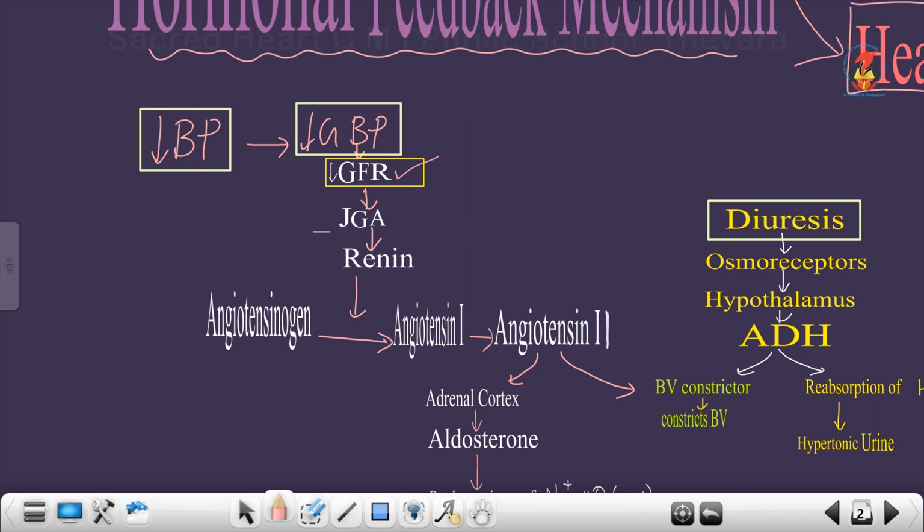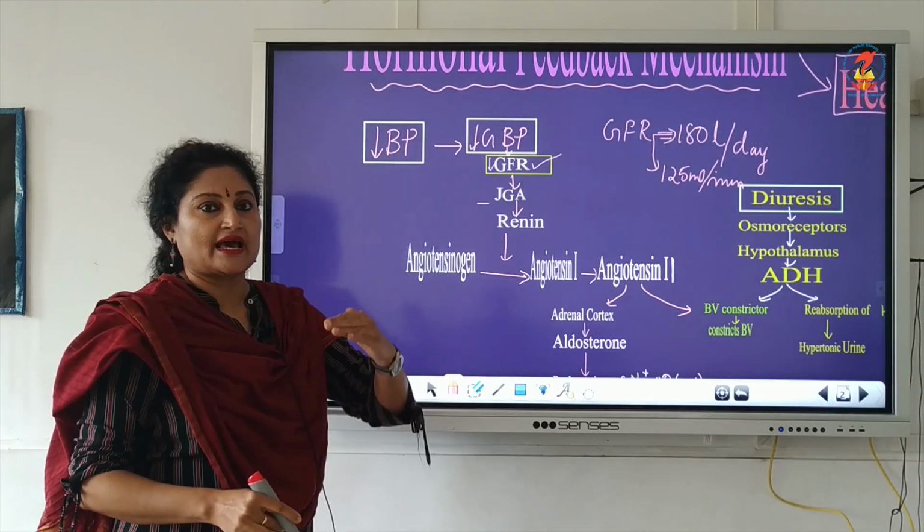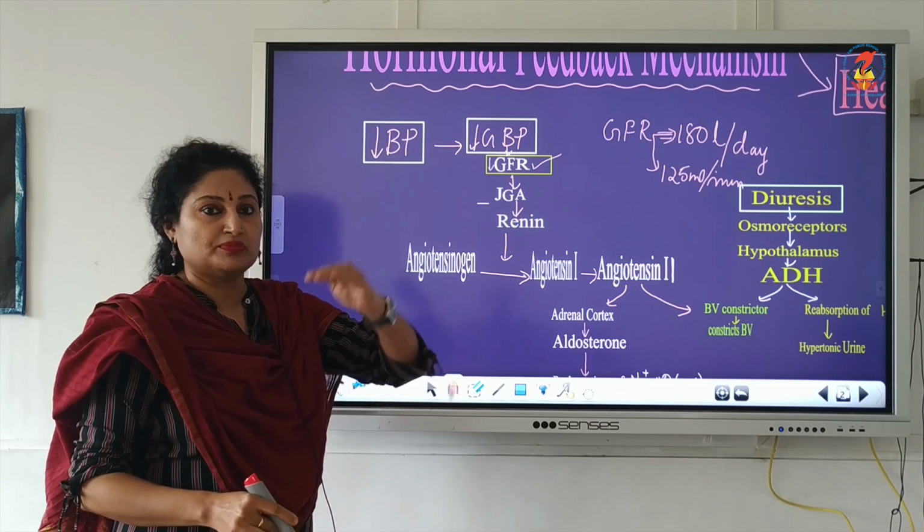It is very low. We know that the glomerular filtration rate of a healthy person is 180 liters per day, or in terms of minutes it is 125 ml. So, the pressure should be maintained. If it drops, the pressure should be enhanced. If it is high, the pressure should be dropped.